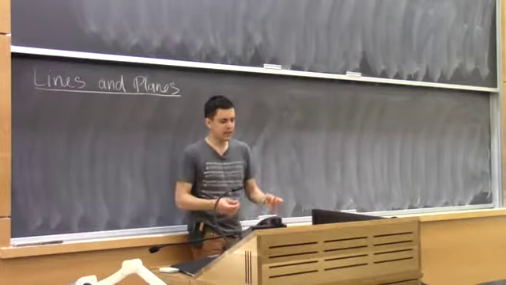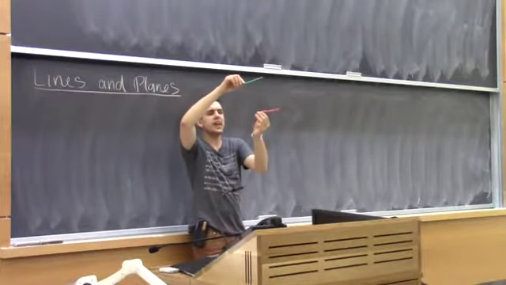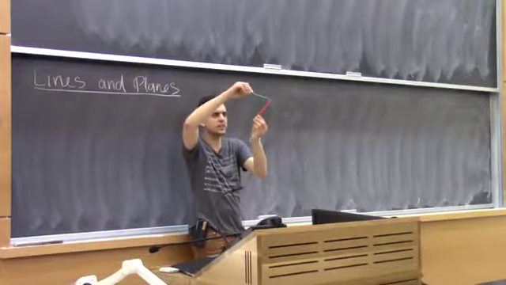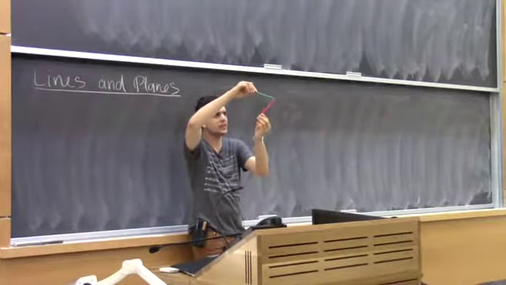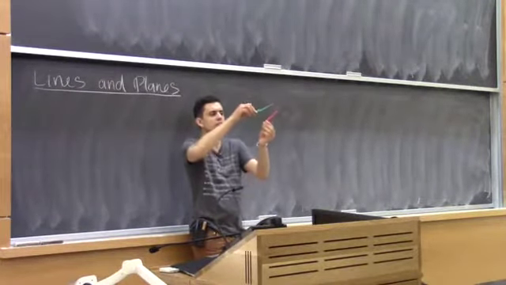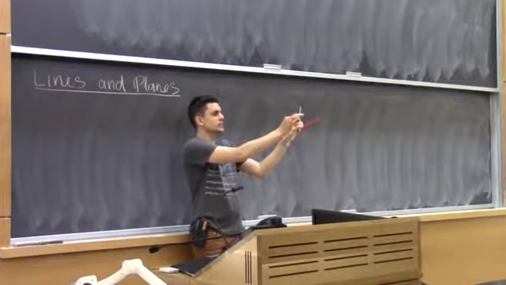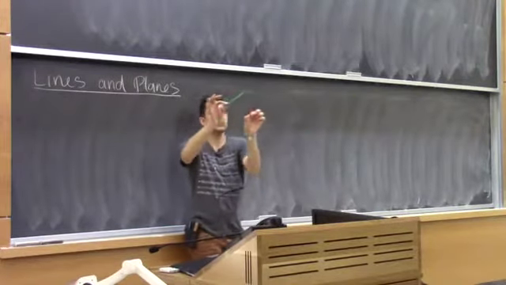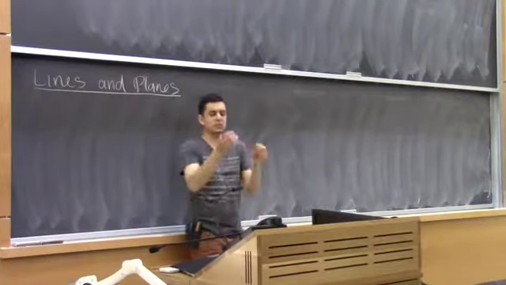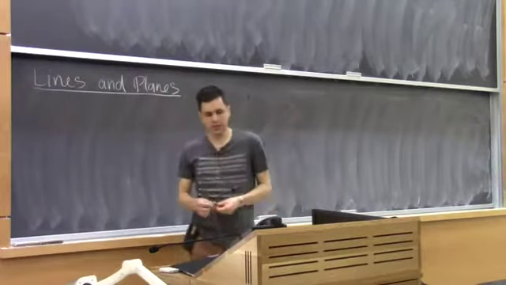If we think of these as the direction vectors of lines, several things can happen in space. The lines can intersect at a point. That's fine. They can touch. They can be parallel and never touch. They can be something in three-dimensional space that's called skew. Two lines are skew if they're not parallel but they never touch. Or they can just be the same line, going completely in the same direction. Okay, so let's write those down.